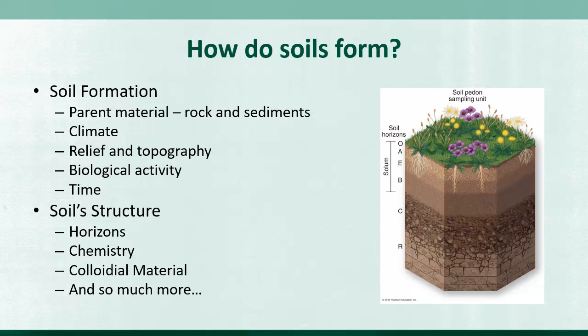It starts to weather chemically and physically and becomes smaller and smaller components. Eventually, plants begin to grow in the soil and start to add new materials to create the soil. Unless, of course, it's an extremely steep area where the soil may always be creeping downhill. Over long periods of time, we eventually get the formation of soil.